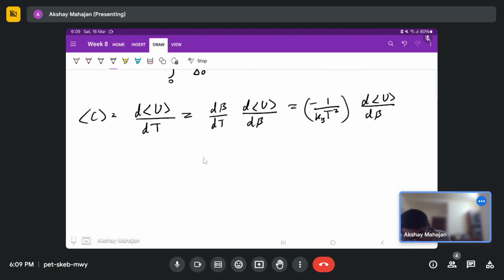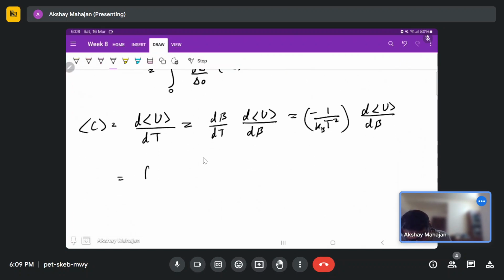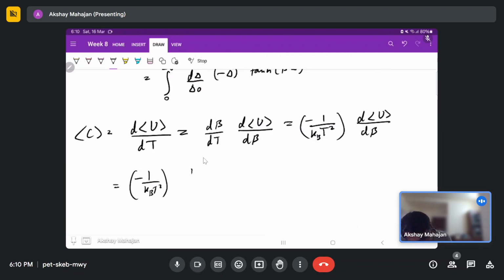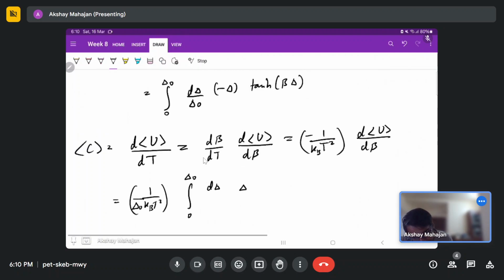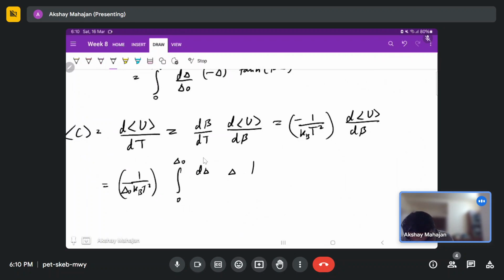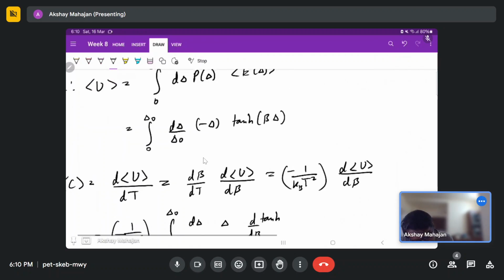So we get minus 1 upon kB T squared, with integration from 0 to delta naught d delta by delta naught. I will not take this delta out, as it is not a constant now, but the minus sign and delta naught I can take out. So we will have d delta, and it will be d by d beta of tanh of beta times delta.